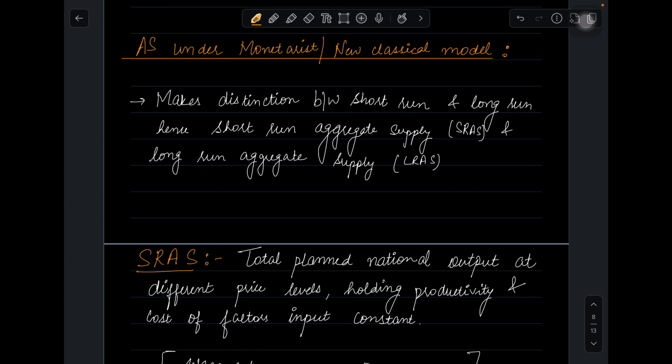The main point here is that monetarist view sees two aggregate supply curves, one for the short run and second for the long run. So here we have two supply curves, short run aggregate supply curve and long run aggregate supply curve.